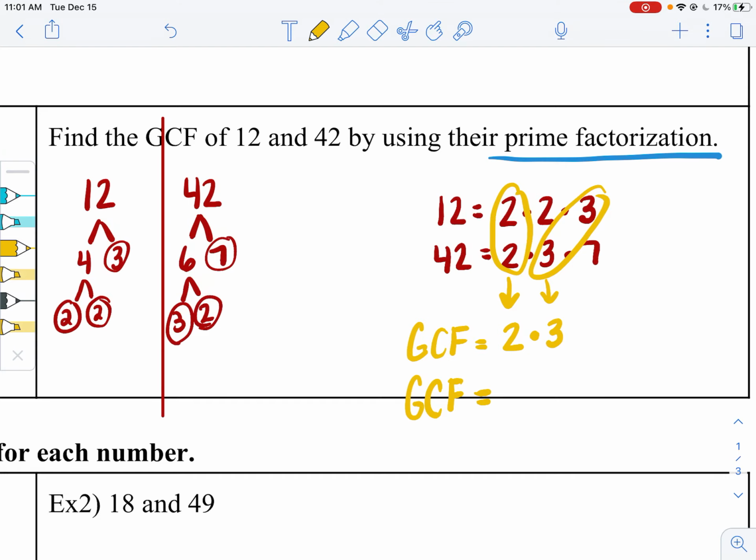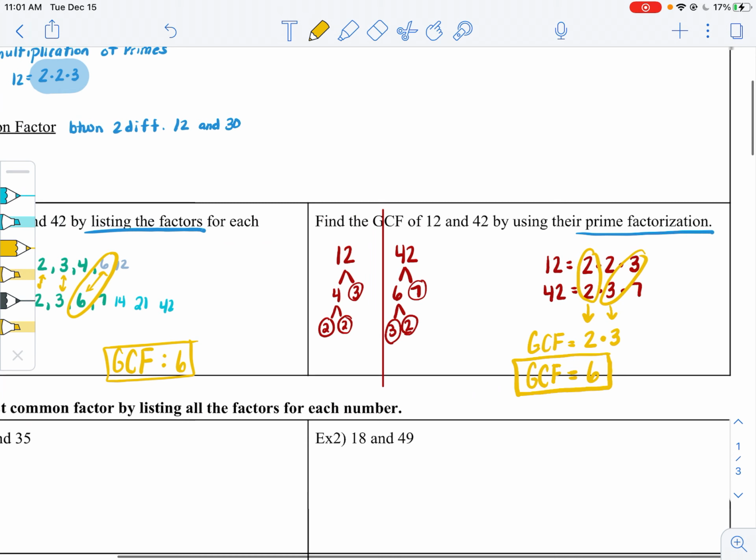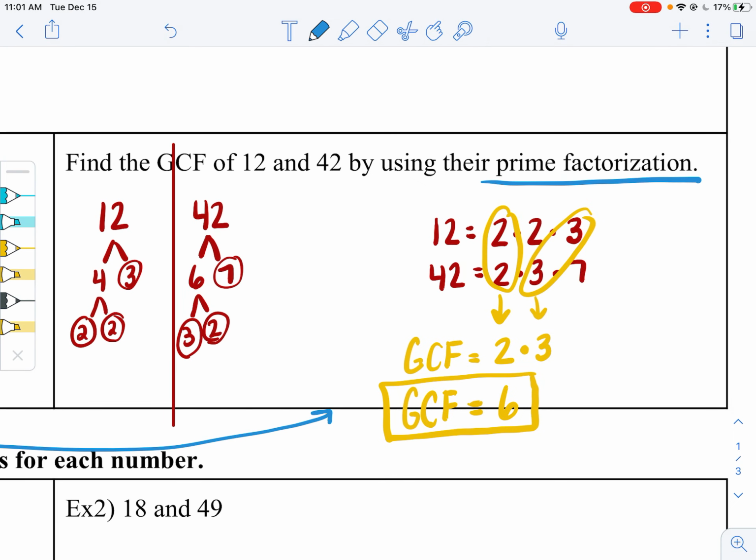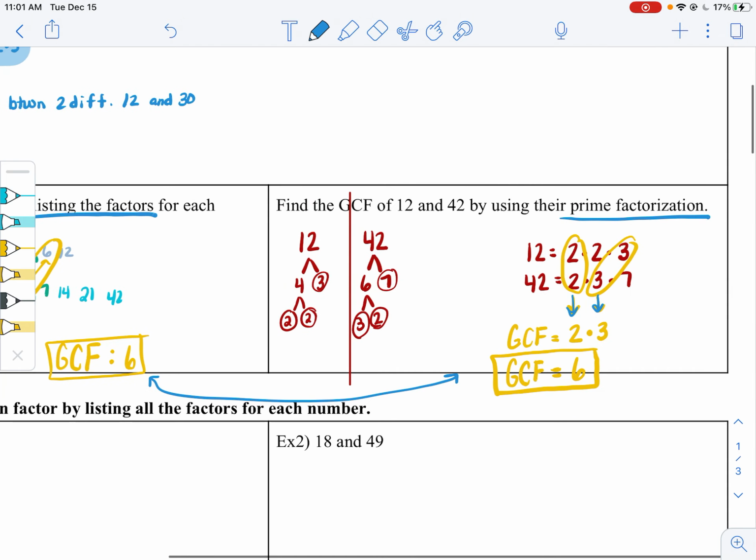Our greatest common factor is 2 times 3, which is 6. So you'll see here that we got the same answer. We got 6. Now, I like the prime factorization because as long as you write each thing down into our greatest common factor, you'll get the right answer. And you don't have to think about, like, did I forget something?